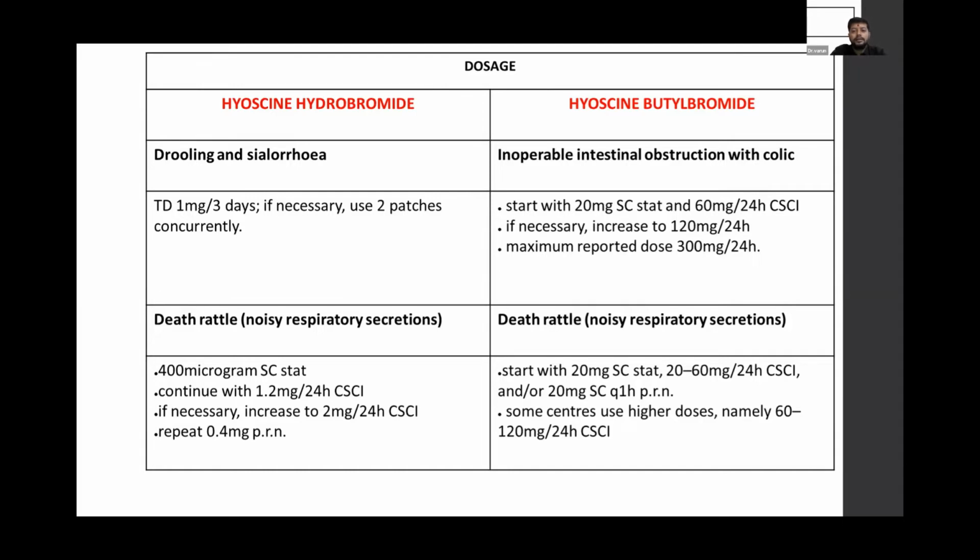For butyl bromide used in inoperable intestinal obstruction, start with 20 milligrams sub-Q stat and 60 milligrams per 24-hour infusion. The maximum reported dose is 300 milligrams per 24 hours. For death rattle, it can also be used as 20 milligrams sub-Q stat and 60 milligrams infusion, and for a higher dose, 120 milligrams for 24-hour infusion.